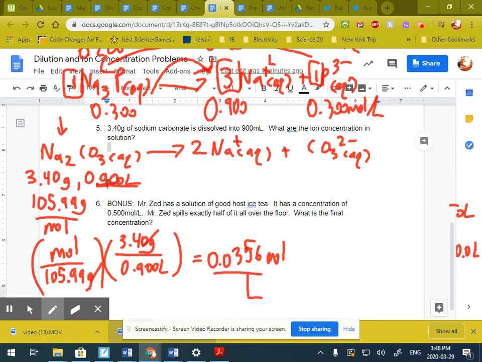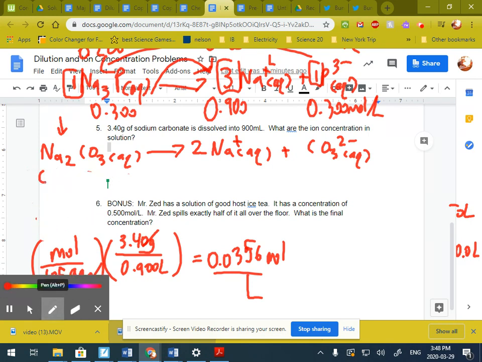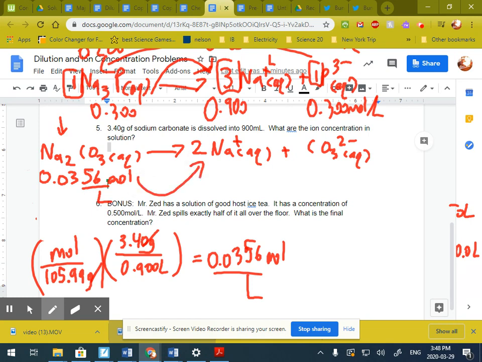Okay, now I'm going to erase this stuff up here. You would have listened to this already, and then that'll give me some more room. Okay, erase that. So the starting concentration of this is what we just calculated right there, 0.0356 moles per liter. Now when I go to the next concentration, if we look, it's 2 to 1. So I've got to multiply that by 2. And I get 0.0713 moles per liter.